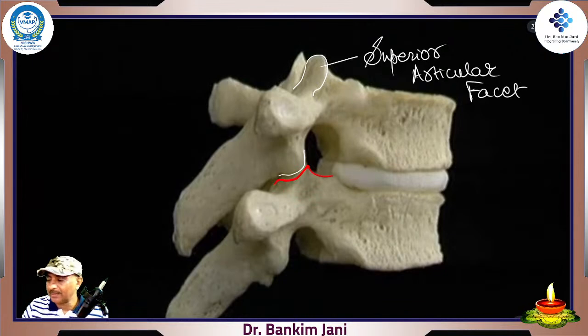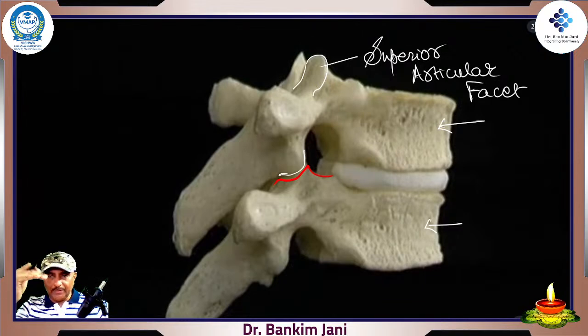So listen very carefully. The vertebra which is above forms a joint with the vertebra which is below. The above vertebra has an inferior articular facet which meets the superior articular facet of the vertebra below, right? So inferior and superior, that's how they keep on making joints.